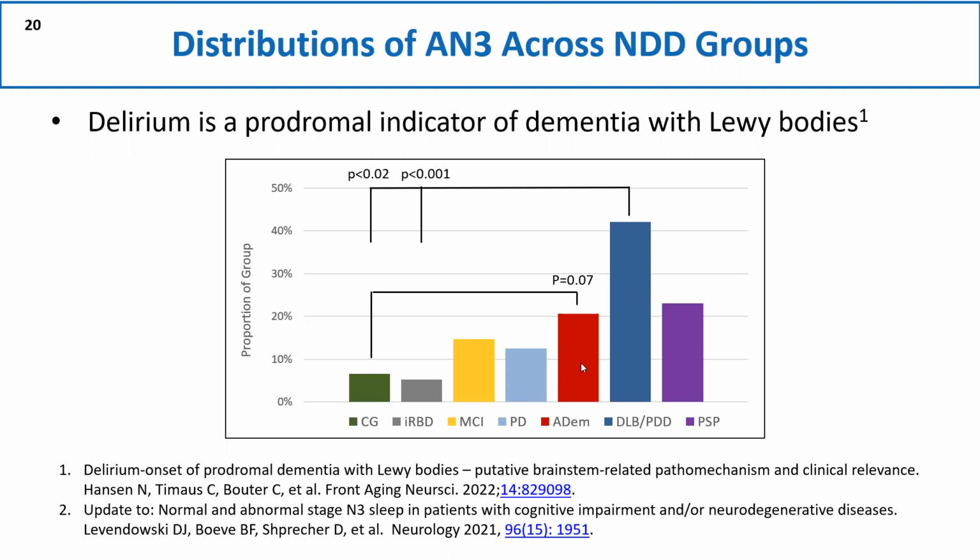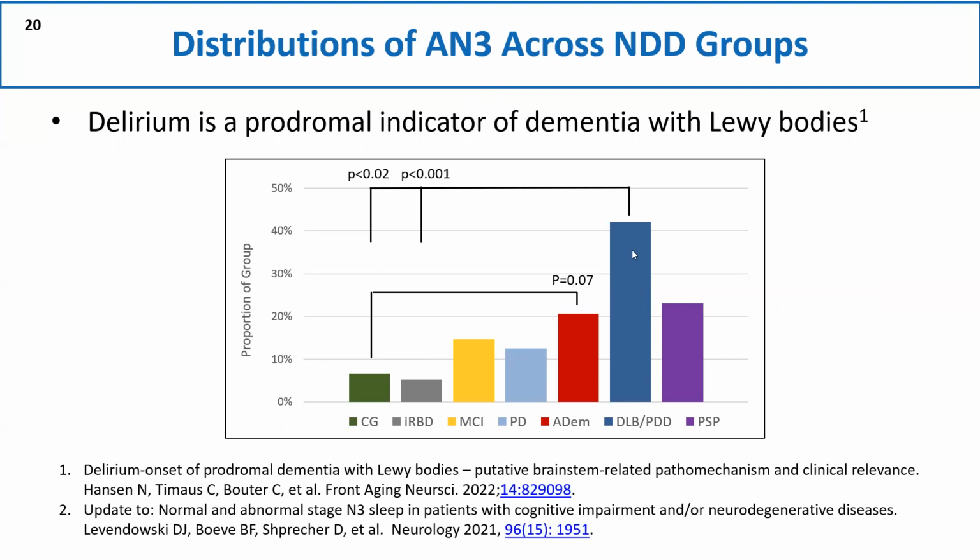One of the reasons is that when we were looking at mean values, one of the AD patients had over 85% of the night staged N3, and another had over 65% of the night staged N3. That triggered us to say, maybe it's not normal N3, because you would not expect somebody to spend 85% of the night in N3 sleep. So we decided to apply our atypical N3 biomarker to our different neurodegenerative disorder groupings.